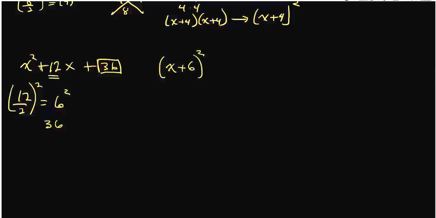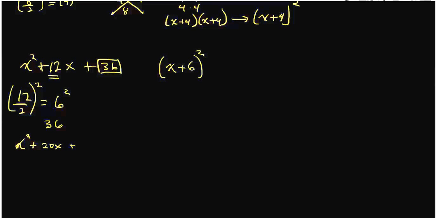Let's try one more, just for fun, because we love doing algebra. X squared plus 36x. Again here, no, let's try a smaller number. That one's a little too large. Let's try something maybe 20x.